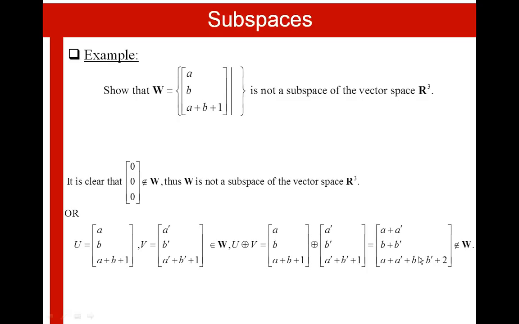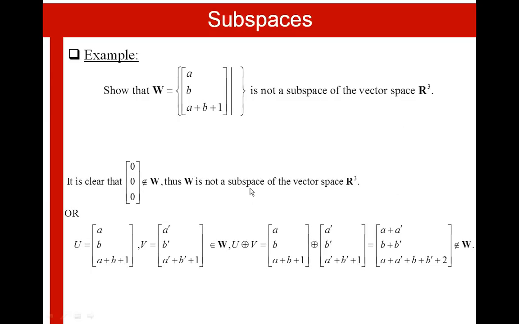It is clear from this last element that it does not conform to the same rule or form as the original one, because the plus 2 is different than the plus 1 here. Therefore, again, this shows that W is not a subspace of the vector space R3.